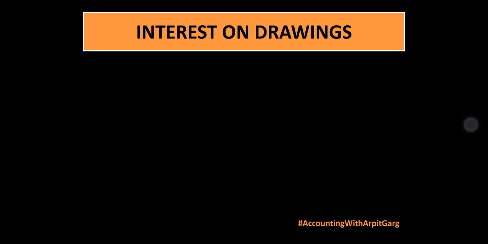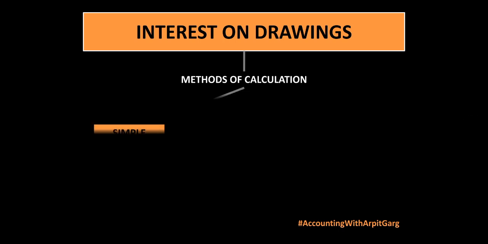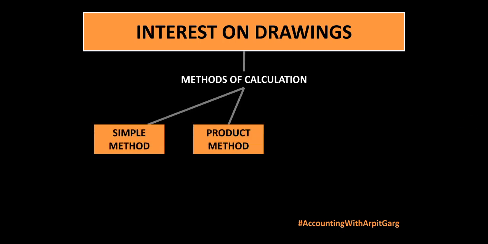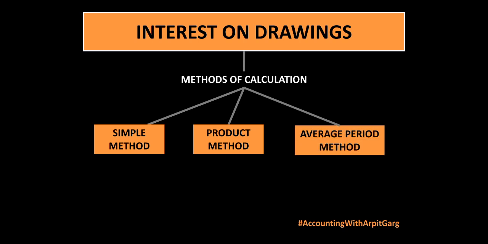So we have three methods of calculating interest on drawing: simple method, product method, and average period method. Now let's read when these methods are used.